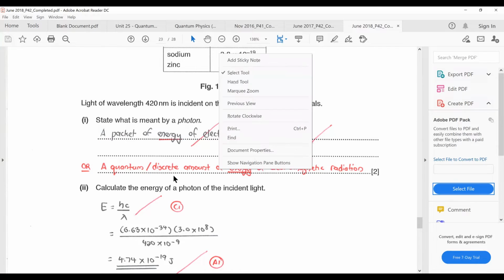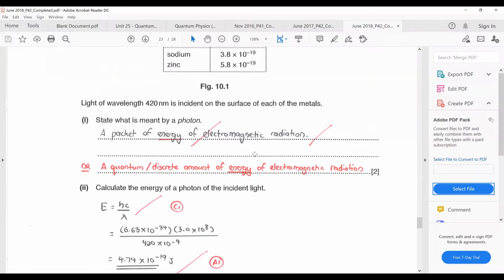Or you can say it's a quantum or discrete amount of energy of electromagnetic radiation, but I think it's better you just use the definition in pencil. 2 marks. Packet of energy, 1 mark. EM radiation, 1 mark. Okay, so this one is probably the shortest definition ever, but with so many marks allocated to it. So a photon is just a packet of energy of electromagnetic radiation.